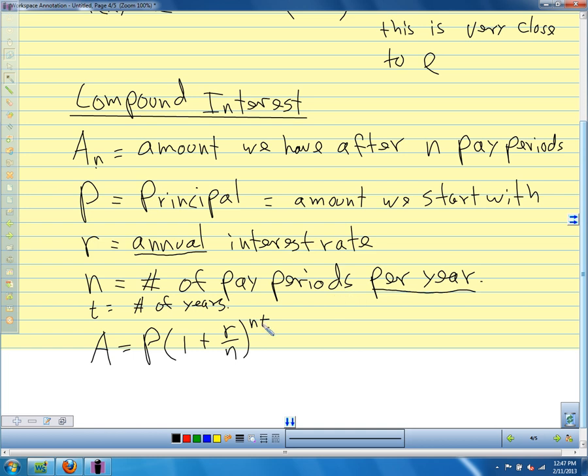So this is one application of exponential functions because our amount is some function of this exponent n times t. So let's look at some examples of calculating with the compound interest formula.